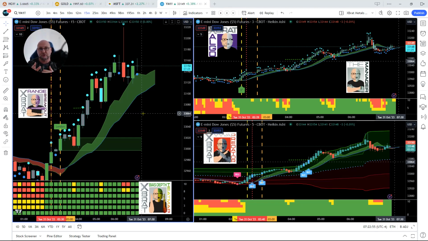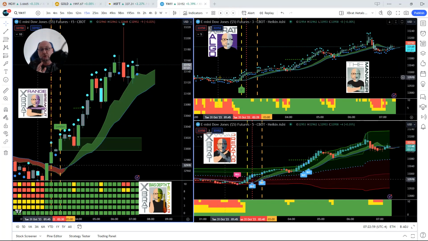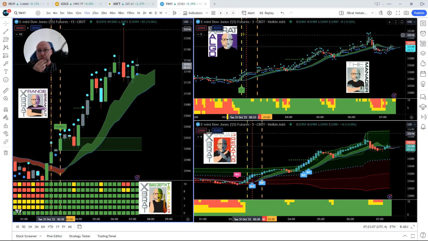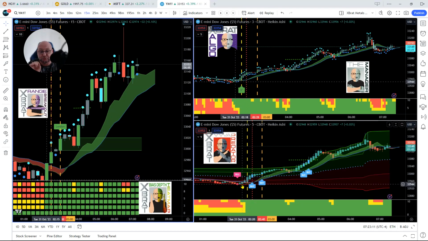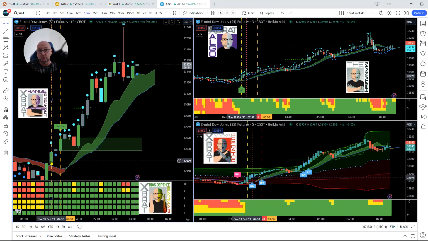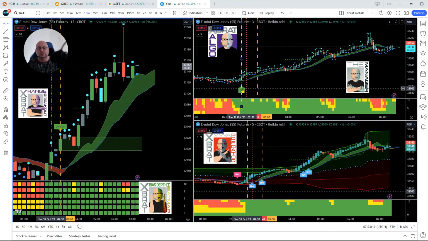Remember, tributaries don't join all at the same time, so we're going to go through in order from the earliest signal first. We've got the 3-minute on the top right with the Agreat Algo. We get a 6-star buy signal with this yellow hashed vertical line, which is on all of the charts. That's preempted a VWAP Predator, and it's before the opening range. So we're starting to see momentum build.